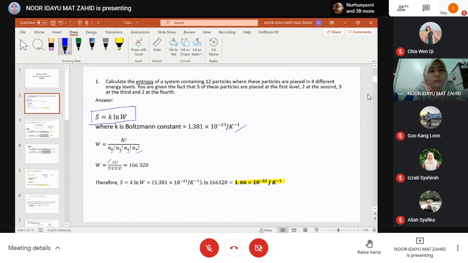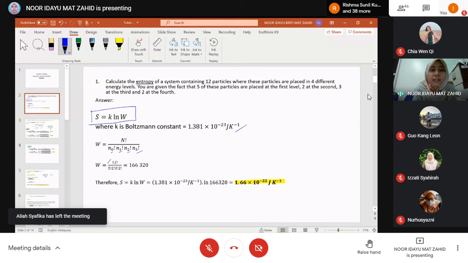Some books would call these 1, 2, 3, and 4, but it carries the same meaning. It's a matter of labeling. But take note that the most left-hand side represents the lowest energy level, followed by the higher energy levels.